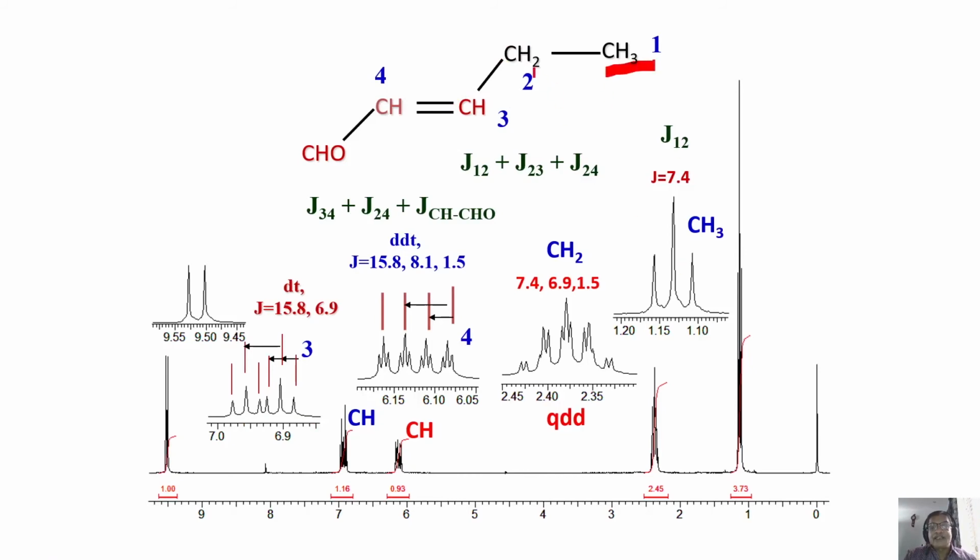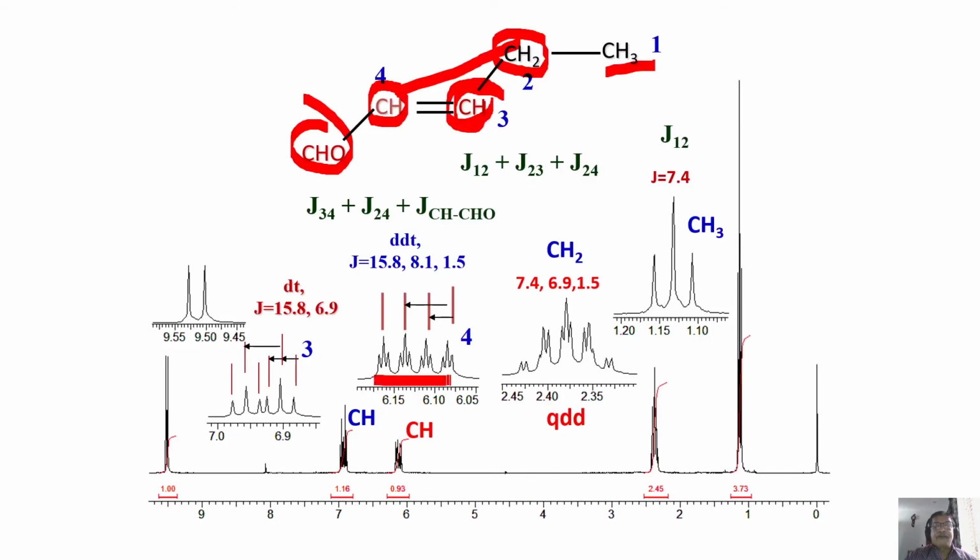This is a CH3, it is a triplet because of this, and this CH2 is a quartet because of this, and also each line of the quartet is a doublet because of this, and it has a long range coupling to this. As a consequence, it is going to be a quartet of doublet of doublets. Now, if you come to this fourth proton, this is going to be a doublet because of this, a doublet of doublets because of this. This is a long range coupling with this, so it is going to be a doublet of triplets.